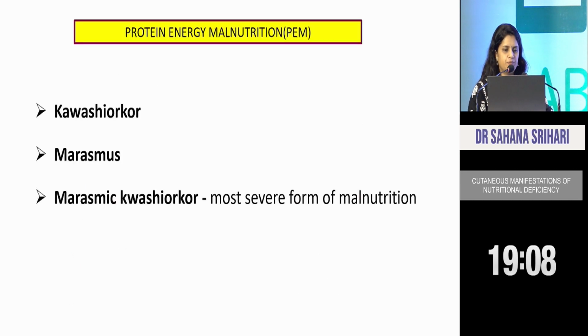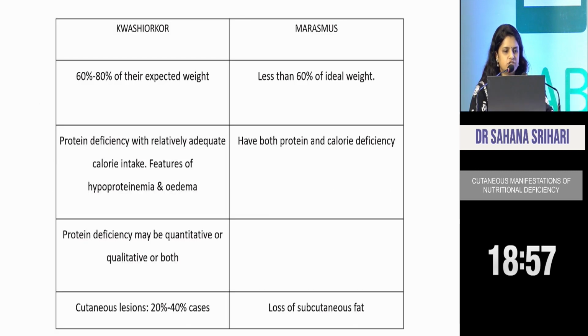Now we shall discuss protein energy malnutrition. Under this we have kwashiorkor, marasmus, and marasmic kwashiorkor, which is the most severe form of malnutrition. In kwashiorkor, the child has 60 to 80% of the expected weight. It occurs mainly due to protein deficiency with an adequate calorie intake, showing features of hypoproteinemia and edema.